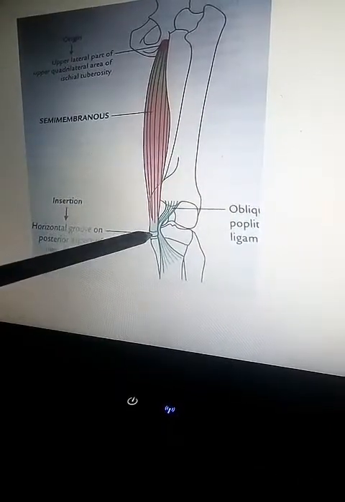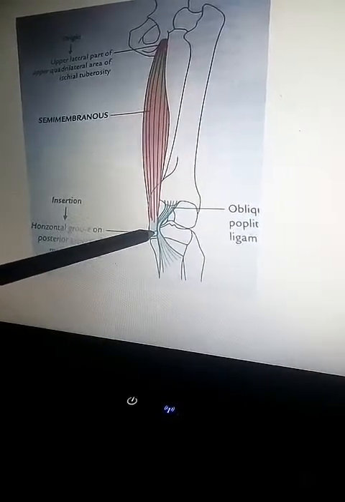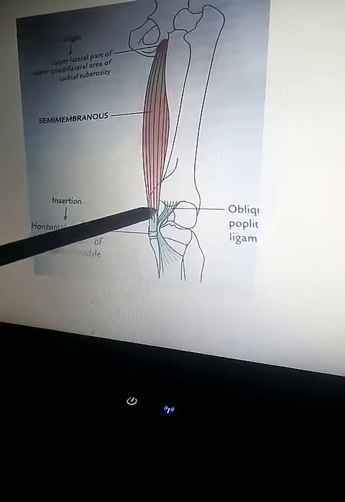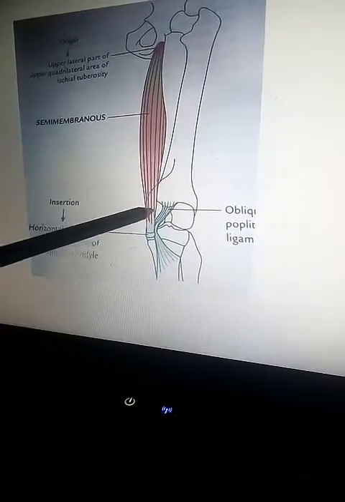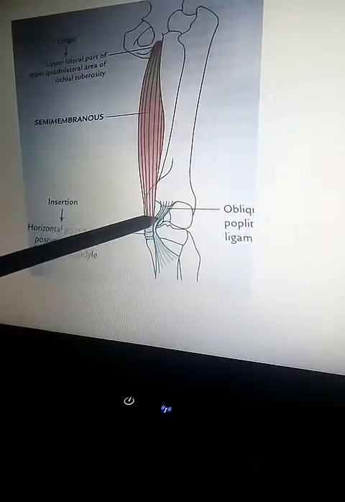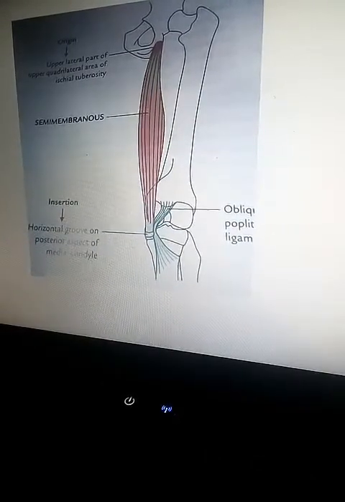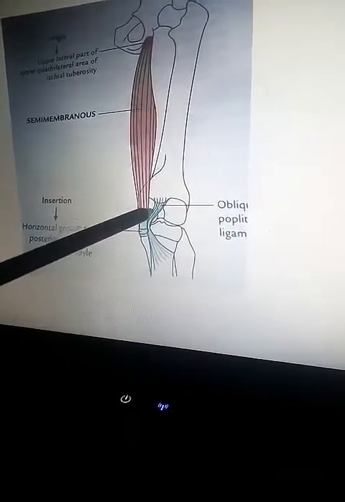The tendon of insertion of the semimembranosus gives a fibrous band that extends upwards and laterally behind the posterior aspect of the capsule of the knee joint to form the oblique popliteal ligament of the knee. This oblique popliteal ligament is actually an extension of the tendon of semimembranosus.